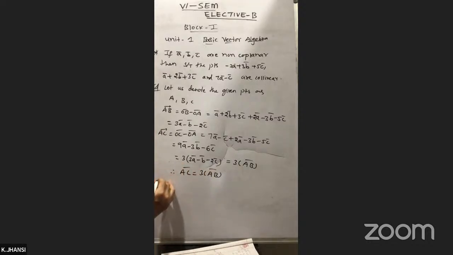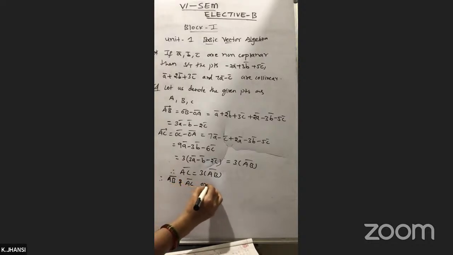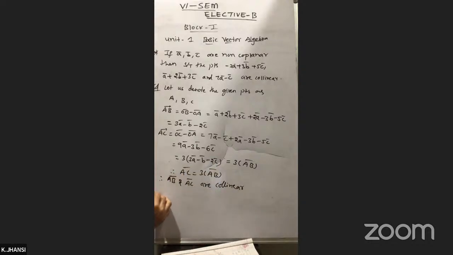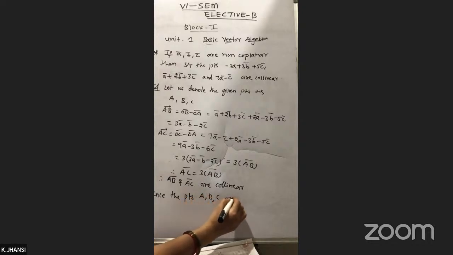Therefore AB and AC are collinear. So hence the points A, B, C are collinear.